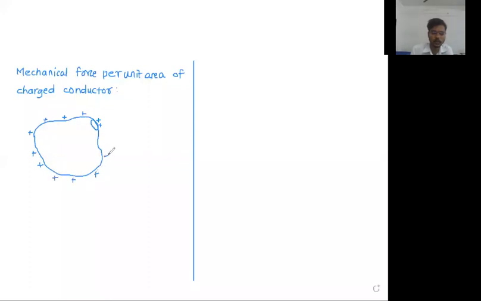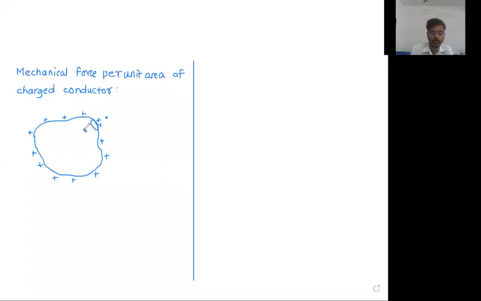Now consider a point which is just outside the conductor and a point which is just inside the conductor. In yesterday's diagram, was the inside point A or B?